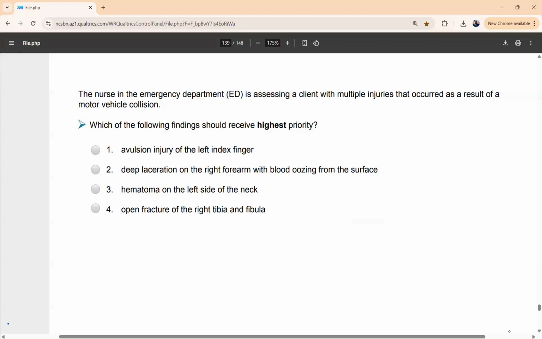This open fracture, I'm a little bit confused because it didn't say exactly what the problem is. So I will just go with 2, deep laceration on the right forearm with blood oozing from the surface.